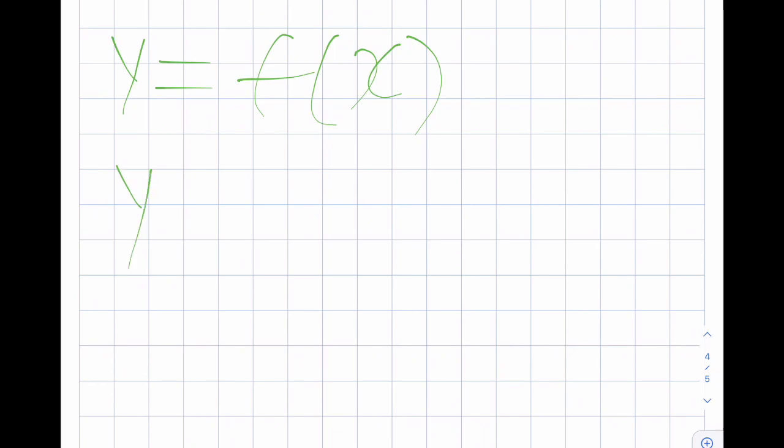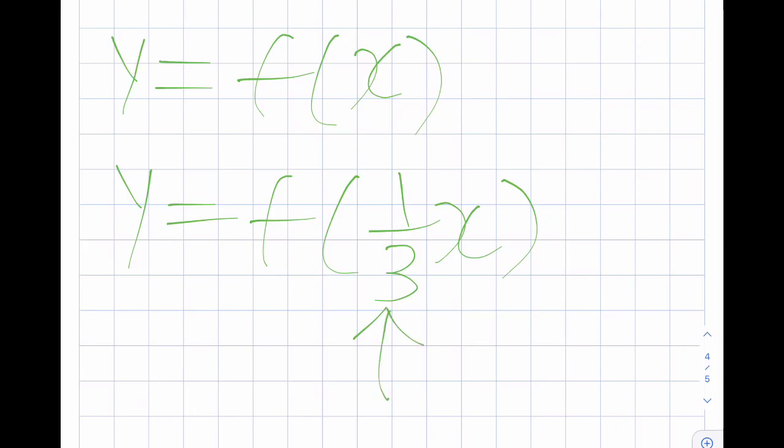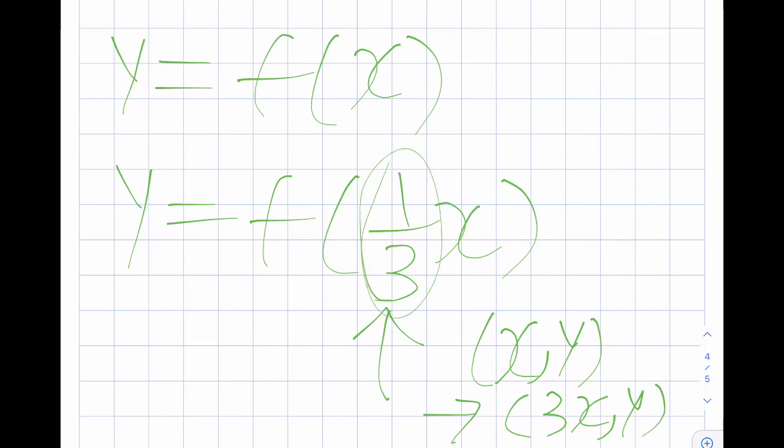Then we write it as f of 1 over 3 x. Because this number will be flipped, when we write it in mapping notation, it will be x comma y goes to 3x comma y. So we always flip this number. So this will be a horizontal stretch by a factor of 3 instead of 1 over 3.